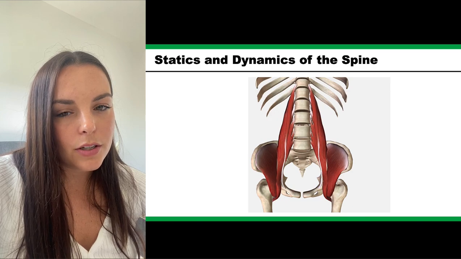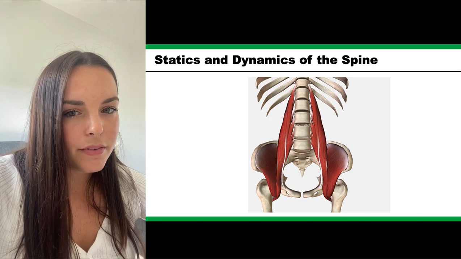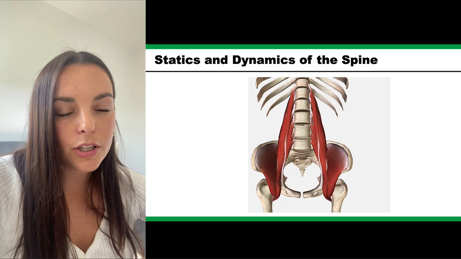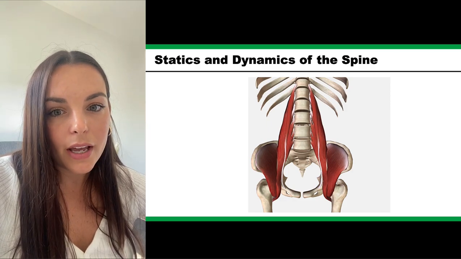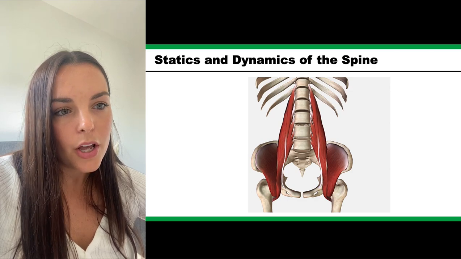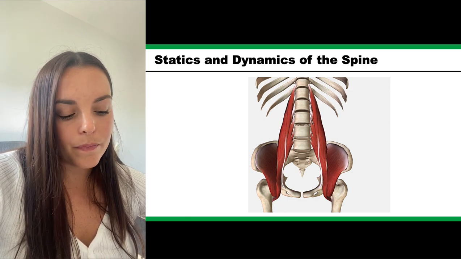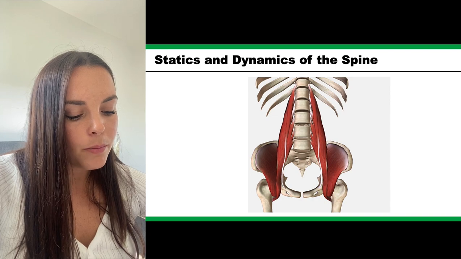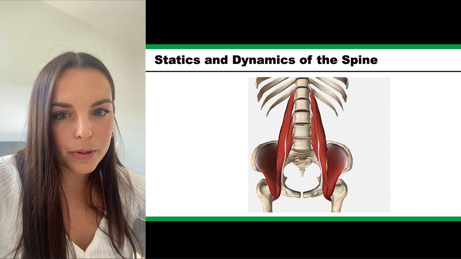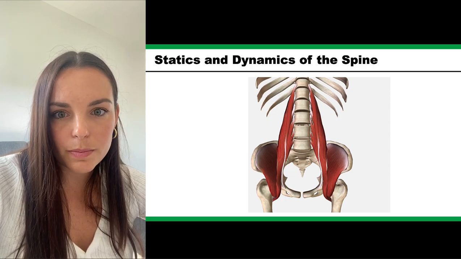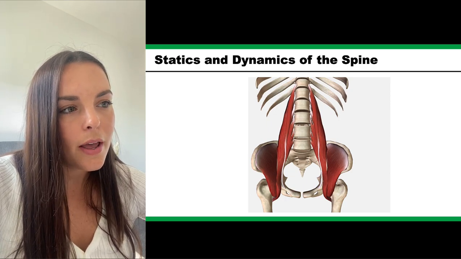Now, if this muscle is stretched, it's going to pull a little bit on that lumbar spine, and by that pulling, it's going to increase the loads on the spine. So hopefully you're thinking of a position. Most people are probably thinking of lying down on their back with a pillow underneath the curve of their spine. That's a common one people suggest.